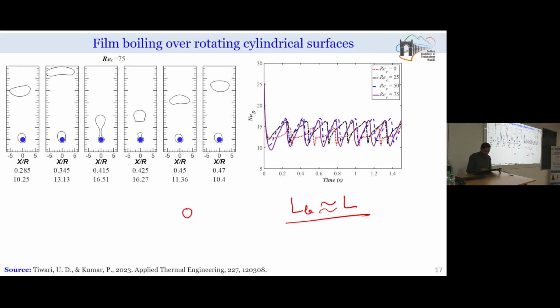So, this is a cylindrical wire of extremely small diameter, and on this cylindrical wire you can see that we have given some rotation also in the counterclockwise direction, and that rotation is quantified in terms of the Reynolds number of the vapor. So, the vapor Reynolds number is defined as the density of vapor times velocity.